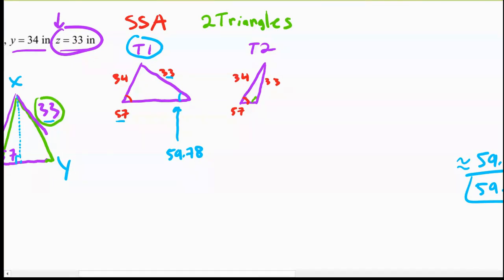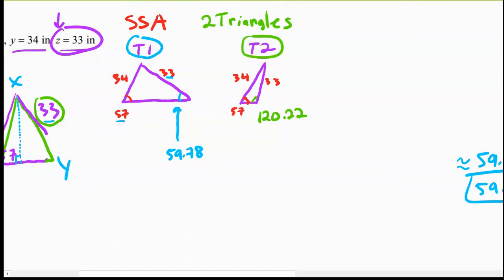Supplementary meaning that they add to 180. So to find this bottom right angle, I'm just going to take 180 and subtract 59.78. So I know this obtuse angle has to be 120.22. Again, that's rounded. So that's the key to getting this bottom right angle for triangle 2.